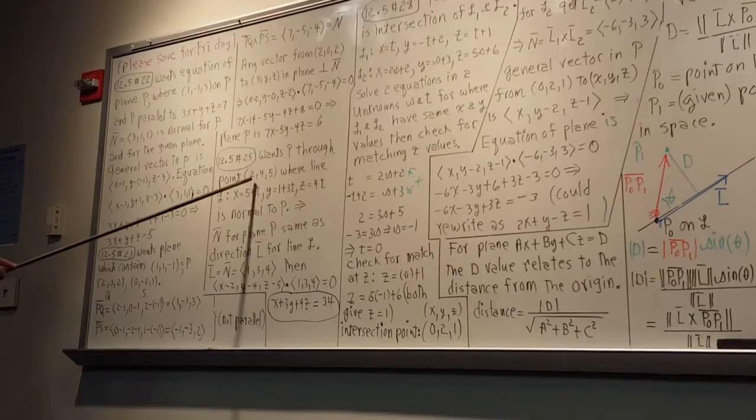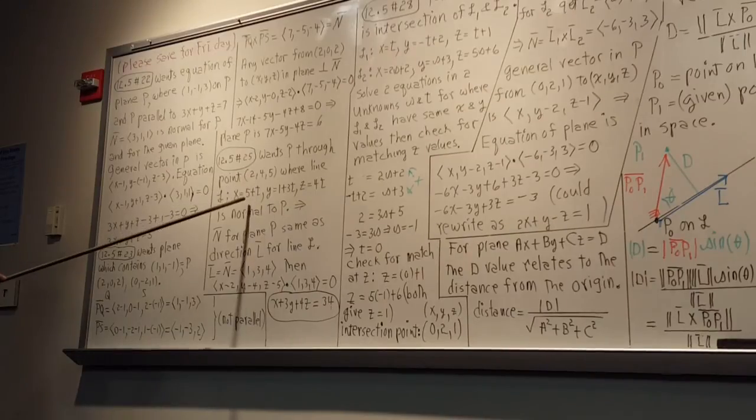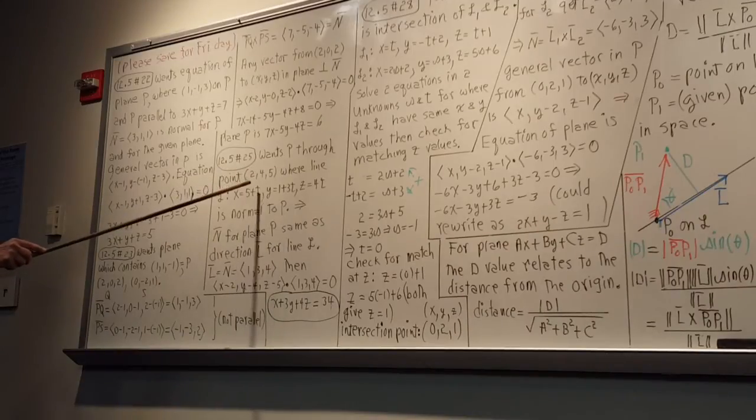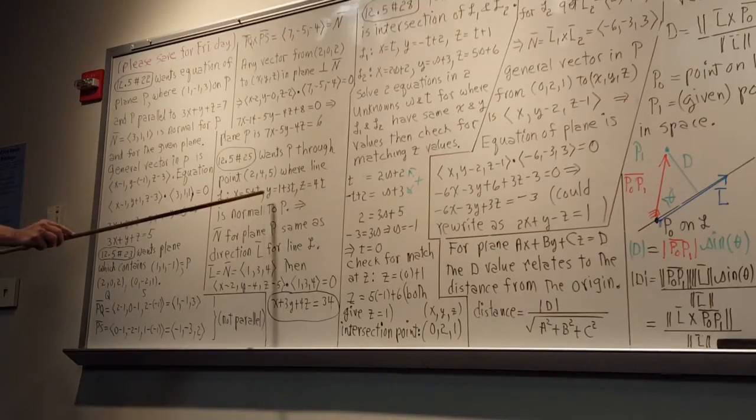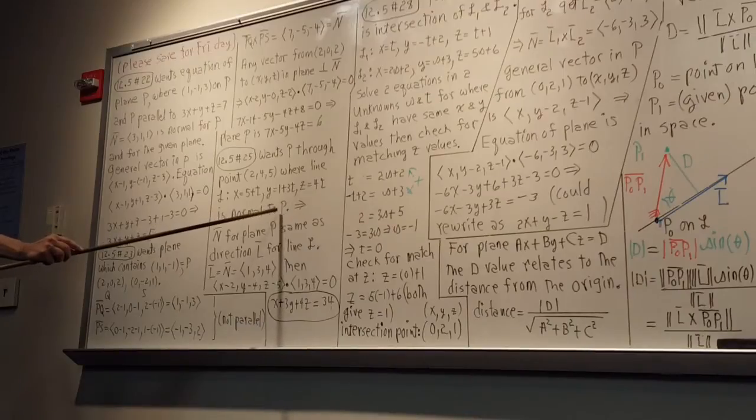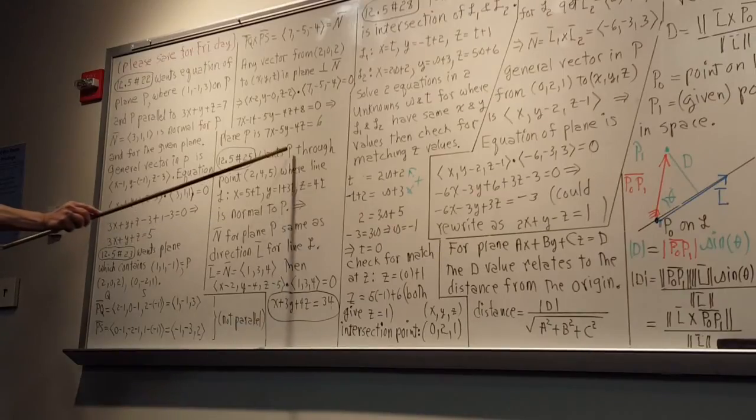So we have a point, and we want to know where the line which we have here is the normal to this plane.